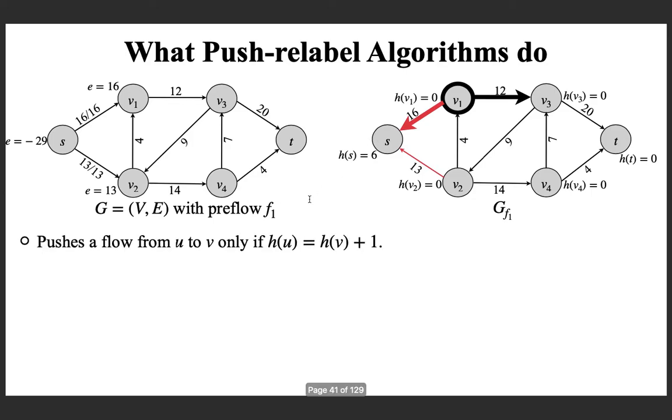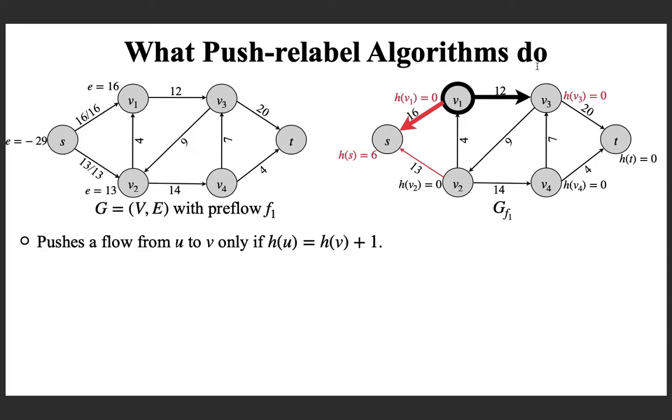So this is what we set. To send or push a flow from U to V, the height of U must be 1 more than the height of V. Now see that there are 2 neighboring vertices for V1, S and V3.